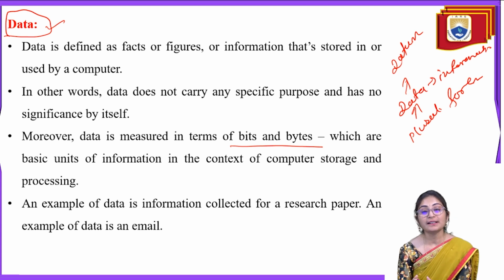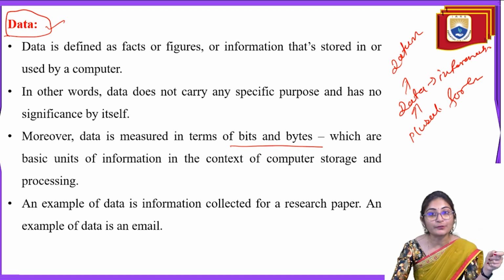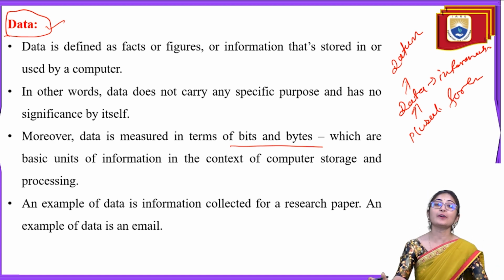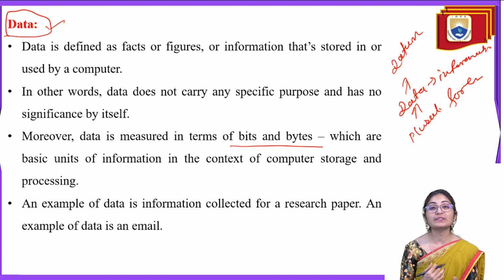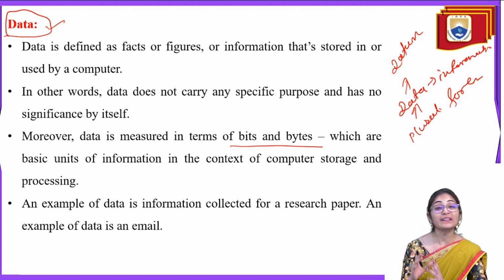For example, data is information collected for a research paper. If you want to write a paper or research any topic, you have to search and analyze some data. Or we can say the data is an email.